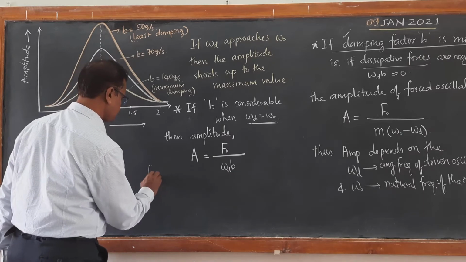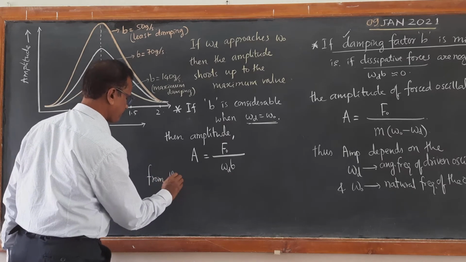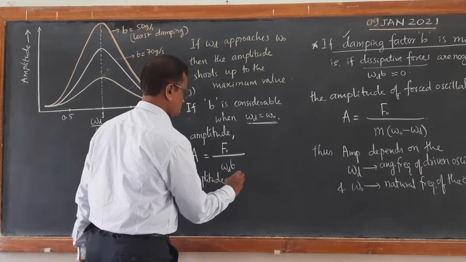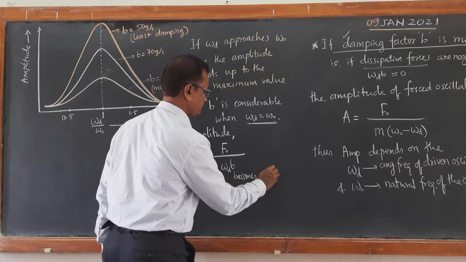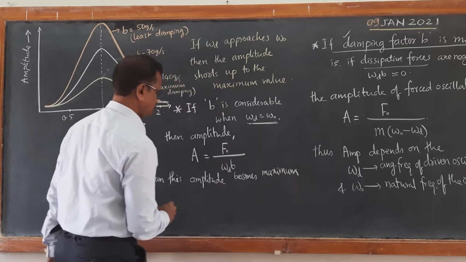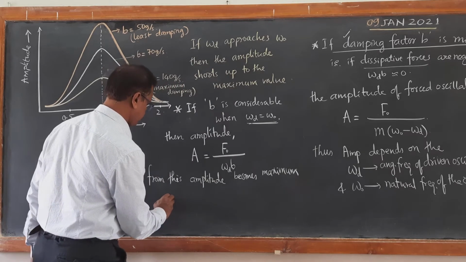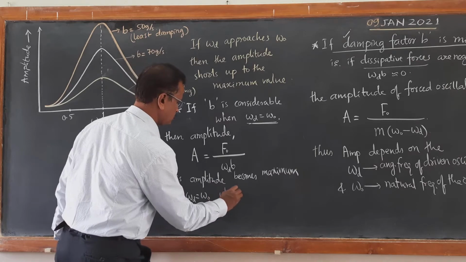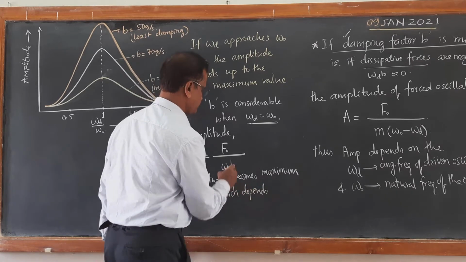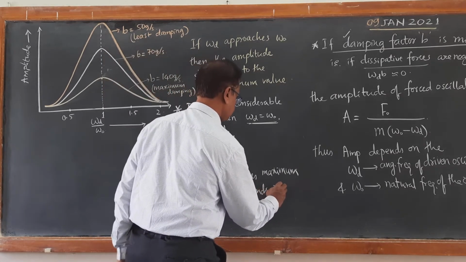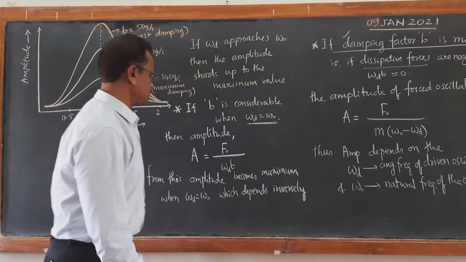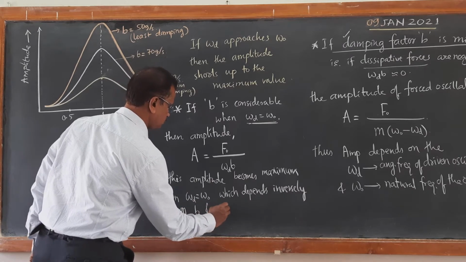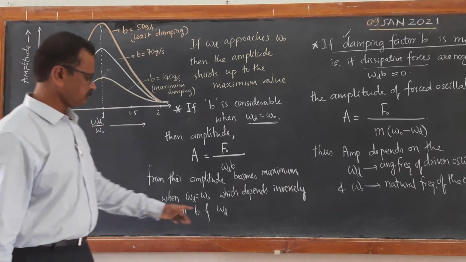So from this we see the amplitude becomes maximum when omega d is equal to omega naught, which depends inversely on the damping factor B and the angular frequency of the external periodic force.